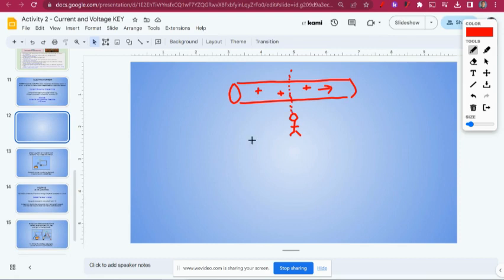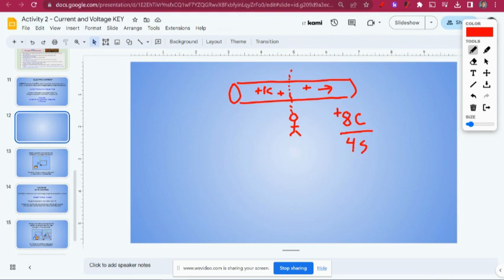So maybe each one of those is 1 coulomb. So maybe this is plus 1 coulomb, each one of those. If I'm standing here and I notice that maybe 8 of those coulombs go by, so plus 8 coulombs go past me, and let's say that it takes 4 seconds.